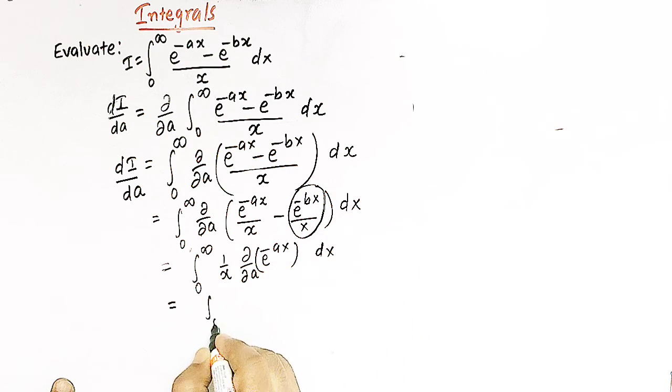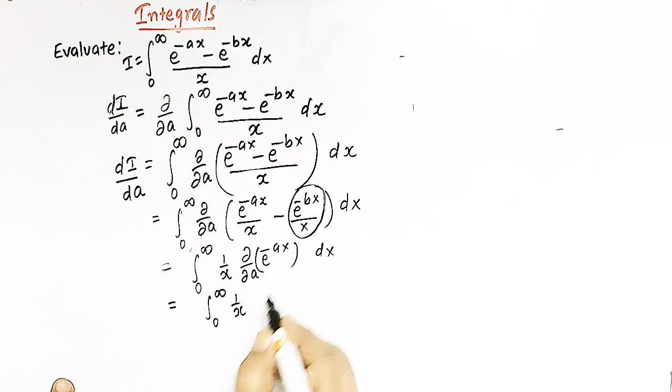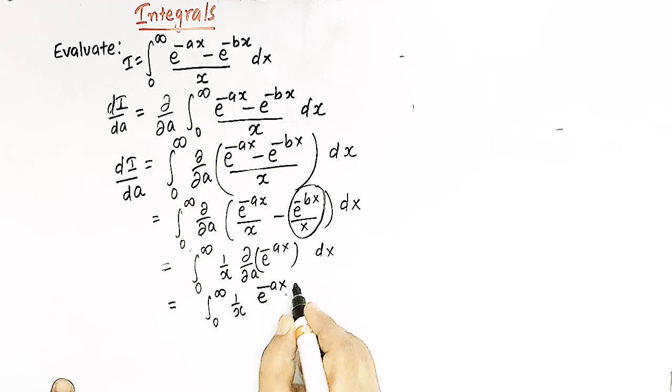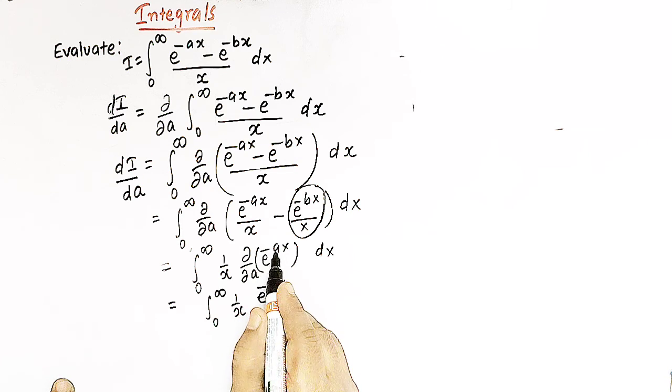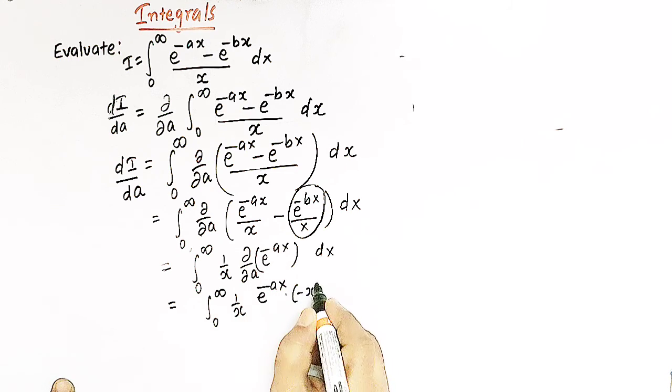So now we have the integral from 0 to infinity of 1 over x times the derivative of e raised to minus ax, which is e raised to minus ax, and then by the chain rule we have to differentiate minus ax with respect to a, that is minus x.